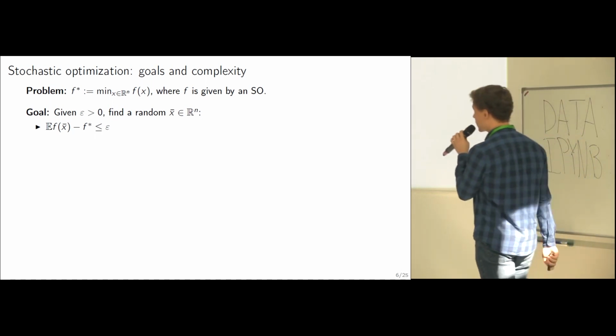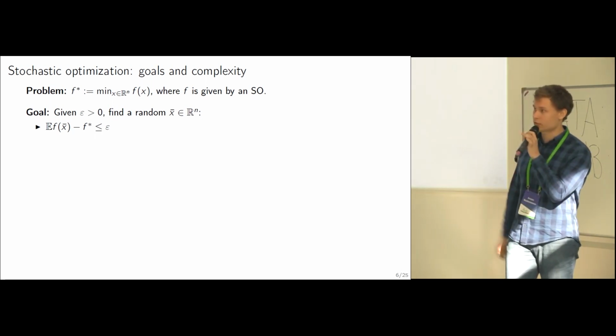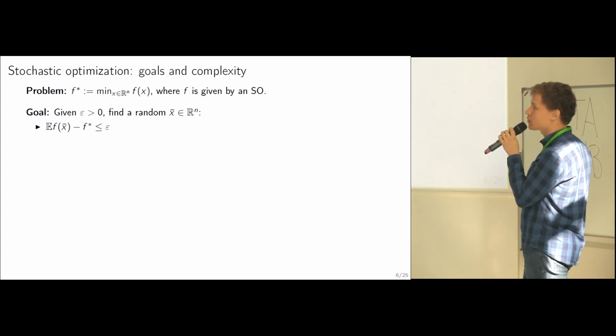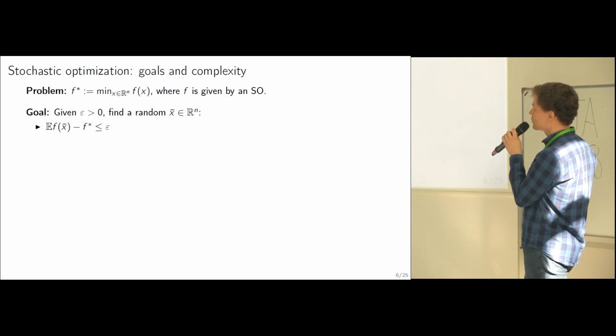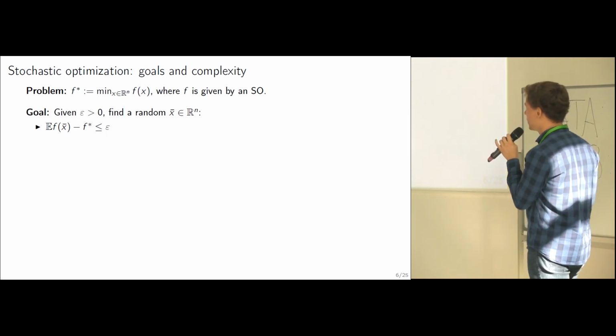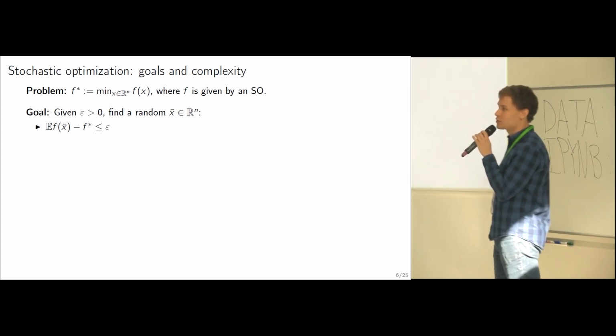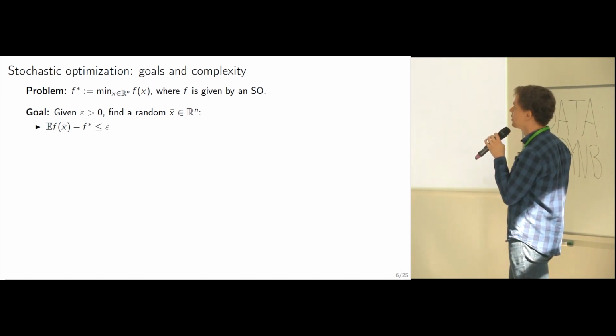And I'll make a quick remark here, but I will not return to this in this talk. We can formulate something like this in terms of probability. So this is the way of solving the problem on average, but everything that I will talk about can be generalized to saying that we can solve the problem with high probability with exactly the same complexity.